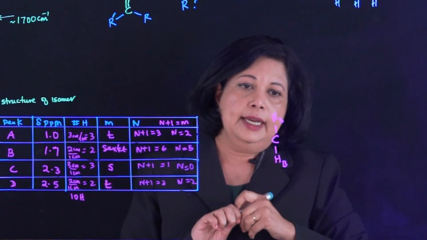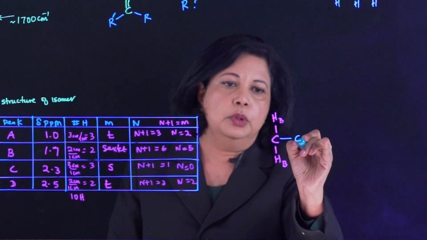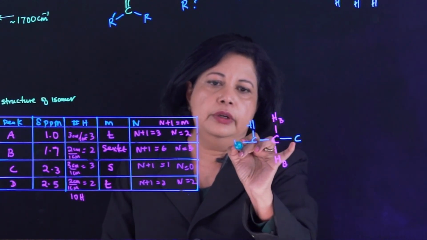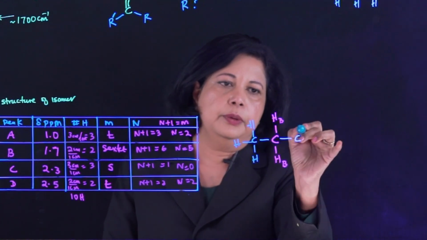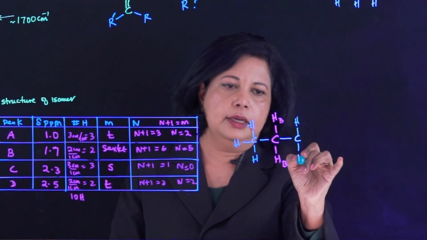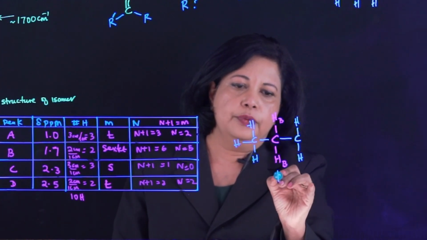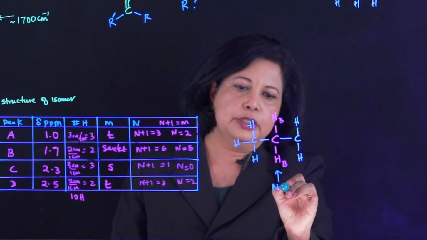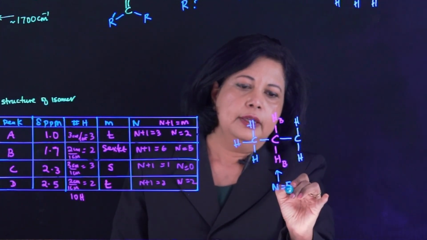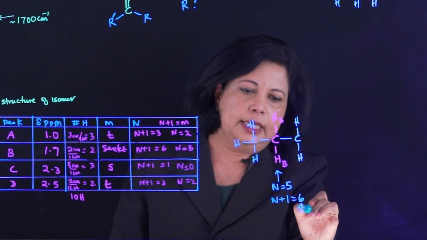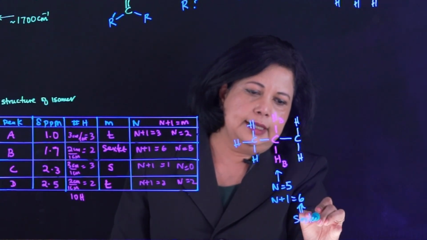Well, you can't have more than 3 on a carbon. So let's say you put 3 here, you can put only 2 here, and that would give you 5. So n is going to be 5, therefore n plus 1 would be 6, and that's what's giving you the sextet.